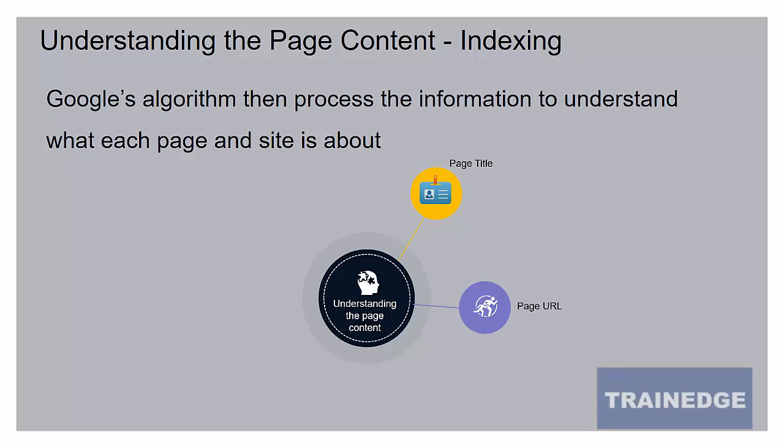Whatever is the content of the page URL, whatever keywords are used, Google uses that as an indicator about what is on the page. The page heading plays a very important role in helping Google understand the content of your page. So the heading should include the keyword you are targeting on the page.